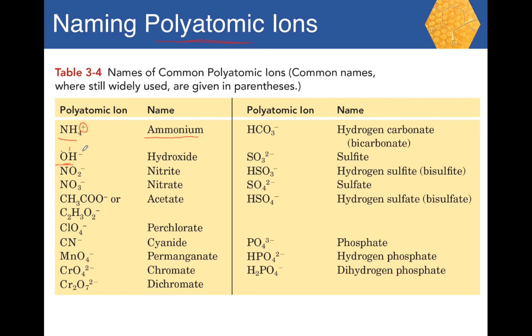In this case, it has a -1 charge, and the name of that is hydroxide. Of course, as you know from your high school chemistry, sodium hydroxide, because it has the OH negative. So again, here are some more examples. You need not memorize this, but the more common ones are the ammonium and the hydroxide ions.